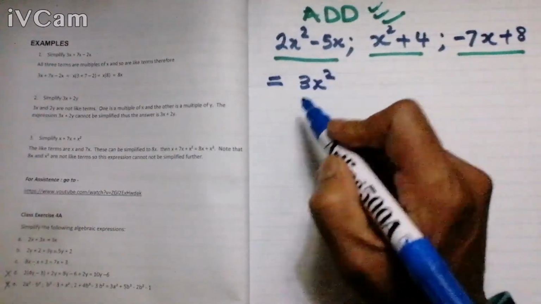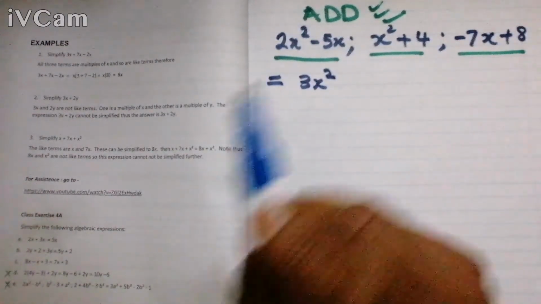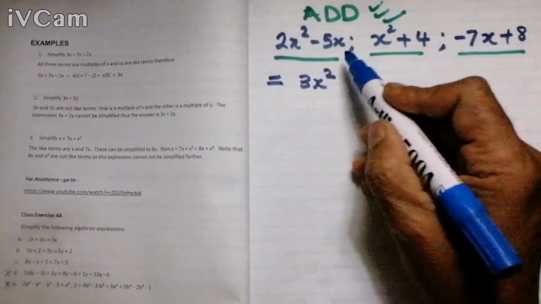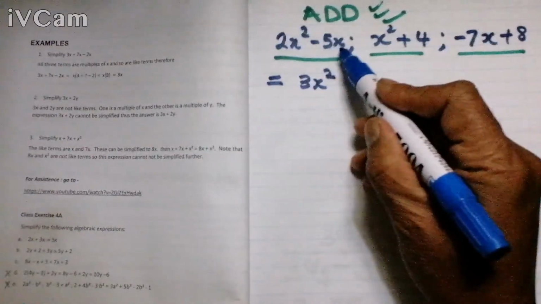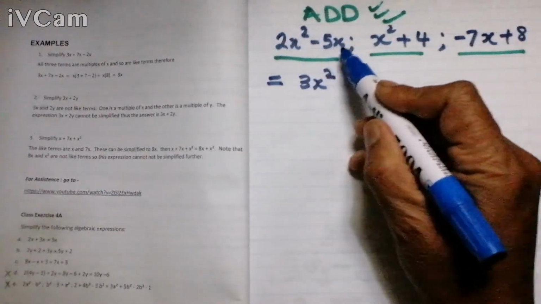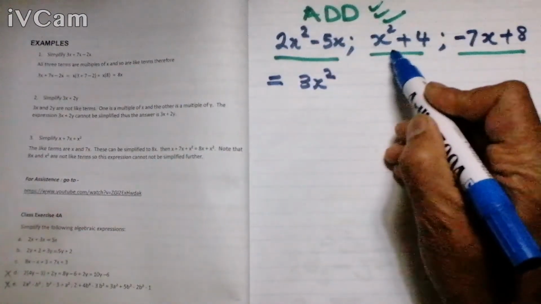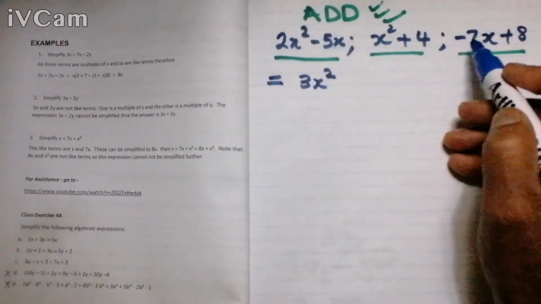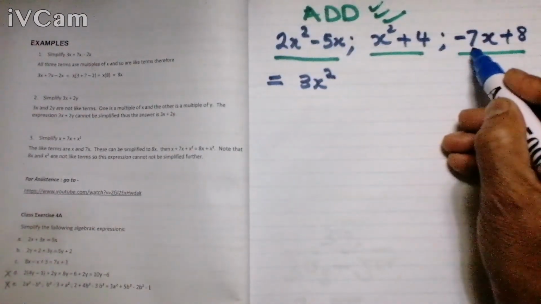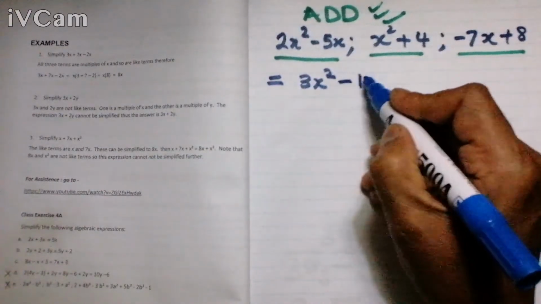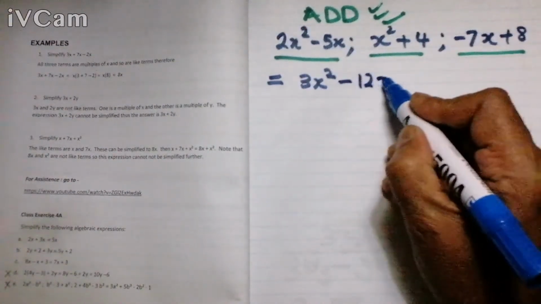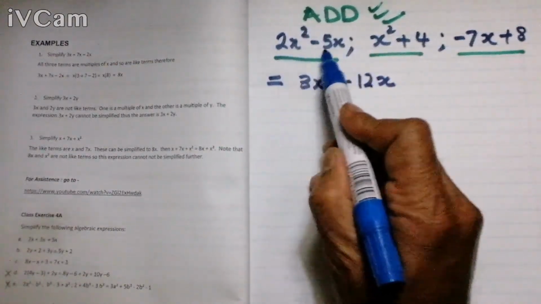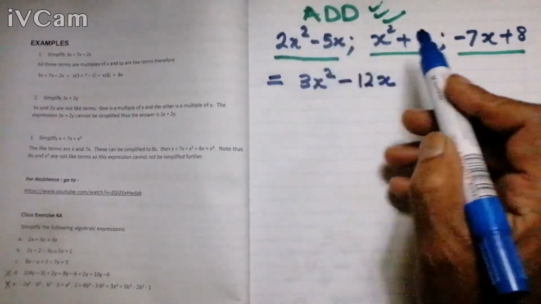3x squared. There is no x squared term here. Here this is a term in x, so we got minus 5x, nothing here, and you got a minus 7x. So minus 5x added to minus 7x is going to be minus 12x. There are no more terms here because we've added both of them.